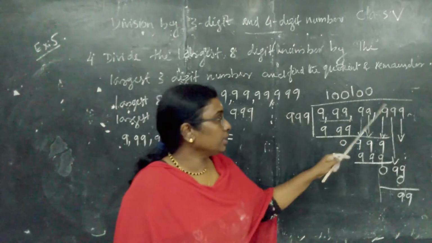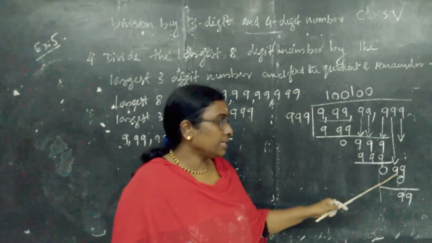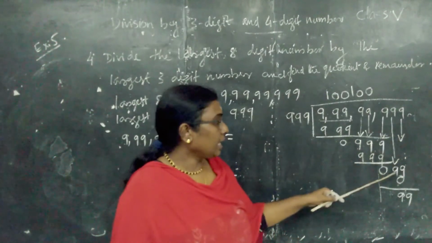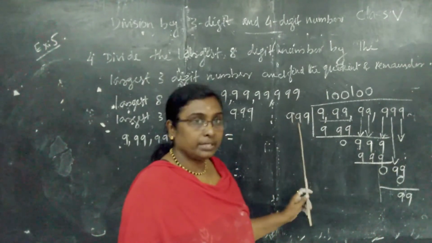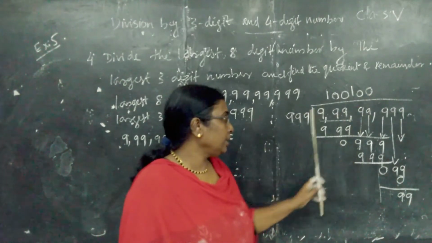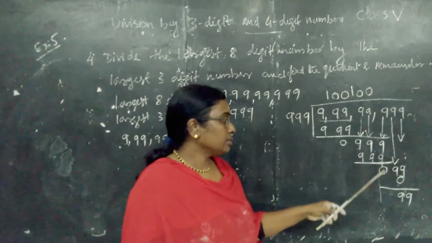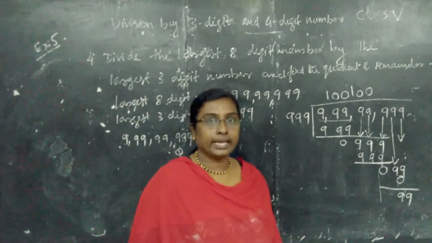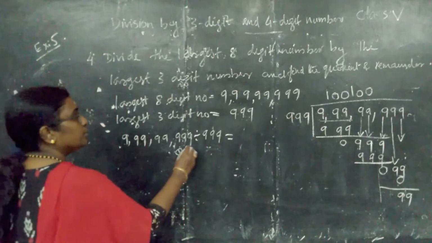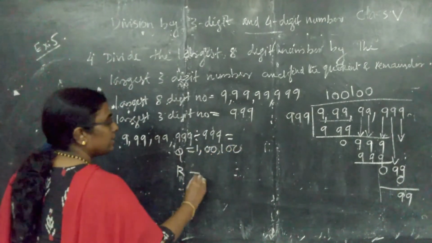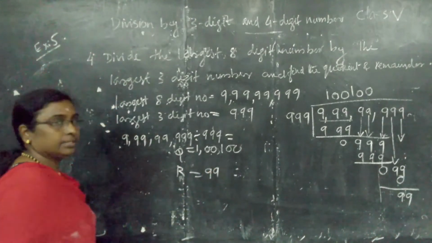So put a 0 here, then write the next digit, 99. There are no more digits. So we can't divide 99 by 999. So put one more 0 here and multiply this number by 0. We get 0. Then subtract, we get 99. So quotient equal to 1,00,100. The remainder equal to 99.